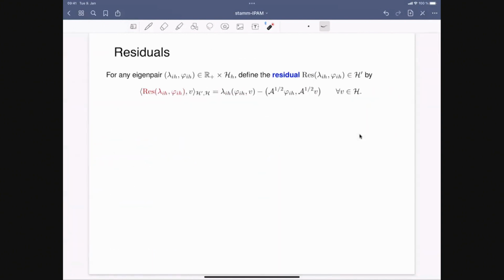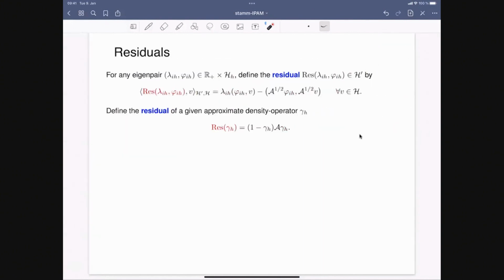But when you do the practical computation, what you're left with is the actual eigenvalues that you computed and the eigenfunctions in your discrete space. So what you start with is to build a residual. The residual is a functional, so it's in the dual space, and you test it with a v, and this is nothing else than plugging into the weak formulation, the residual of the weak formulation, for any v in the continuous space. And if this is 0, we know we have an eigenvalue and eigenfunction pair, and otherwise there's an error.